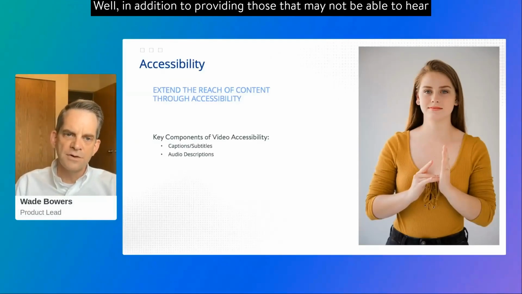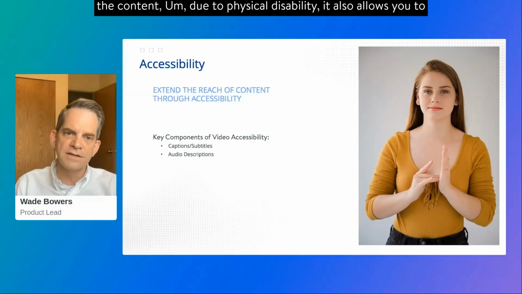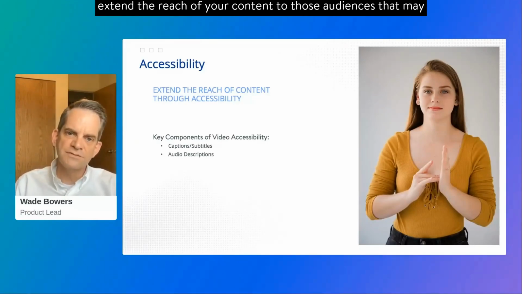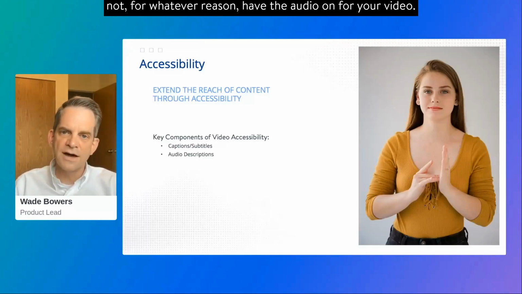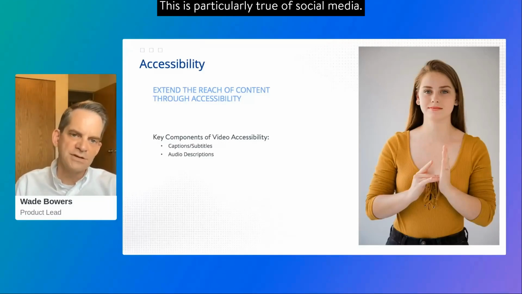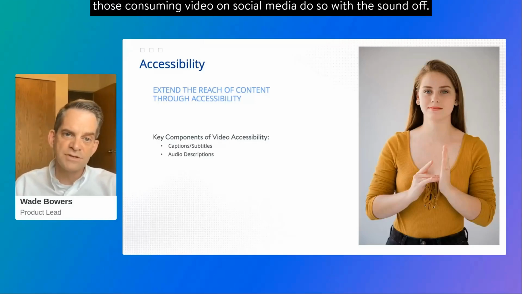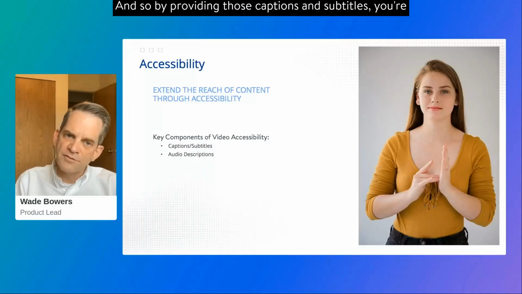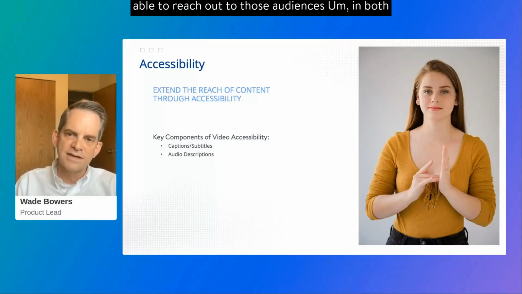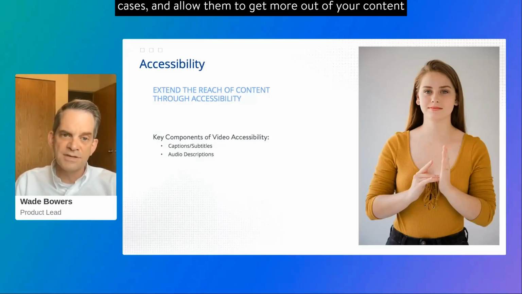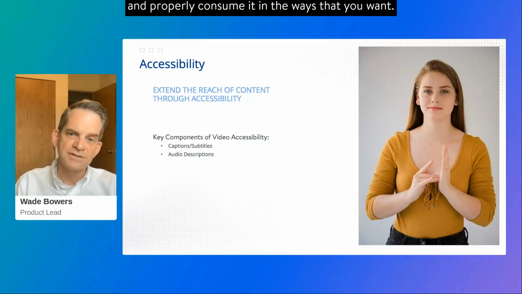Well, in addition to serving those who may not be able to hear the content due to physical disability, it also allows you to extend the reach of your content to audiences who may not, for whatever reason, have the audio on for your video. This is particularly true of social media. I know there are studies out there that show the vast majority of those consuming video on social media do so with the sound off. So by providing captions and subtitles, you're able to reach those audiences in both cases and allow them to get more out of your content and properly consume it in the ways that you want.